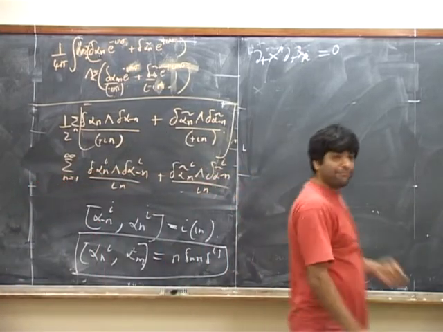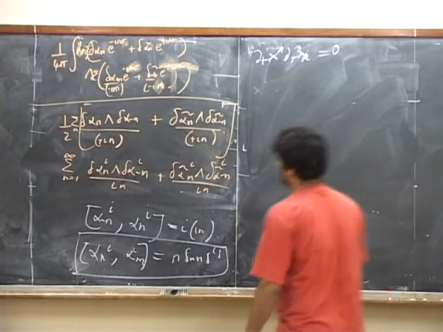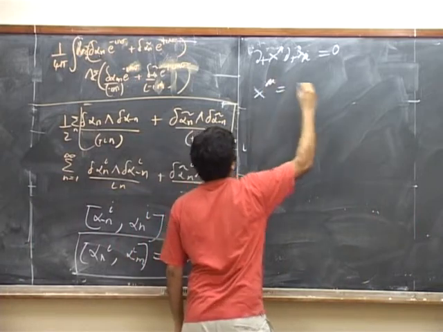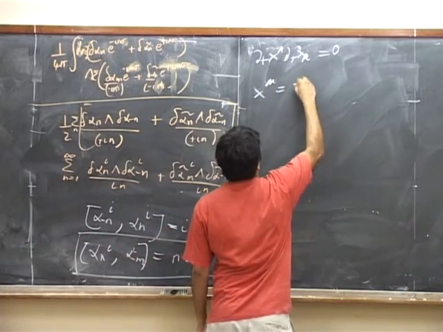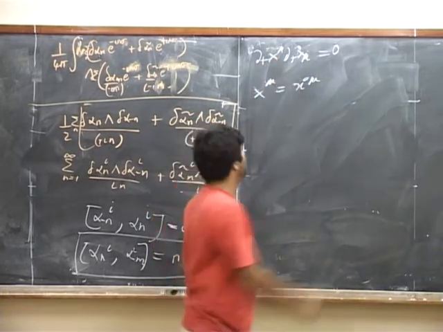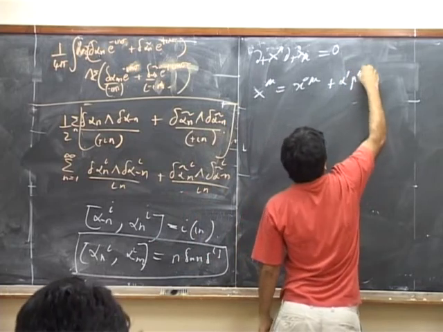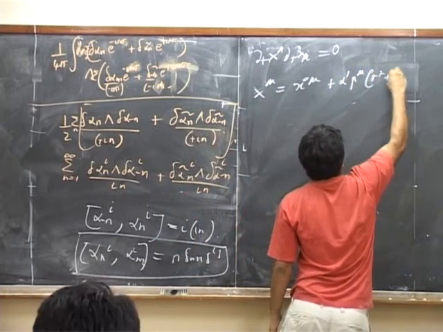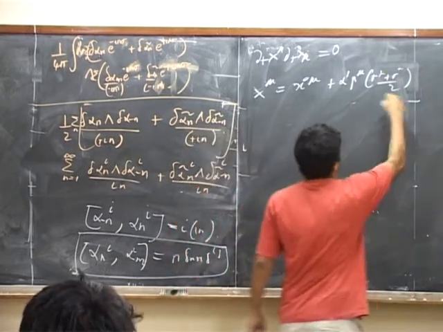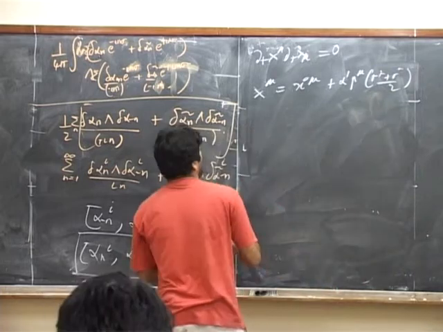So what do we get from the zero mode part of this constraint? You remember what X mu was. X mu was equal to x0 mu, that clearly does not contribute to the constraint equation, plus alpha prime p mu into sigma plus sigma minus by 2, plus oscillators.